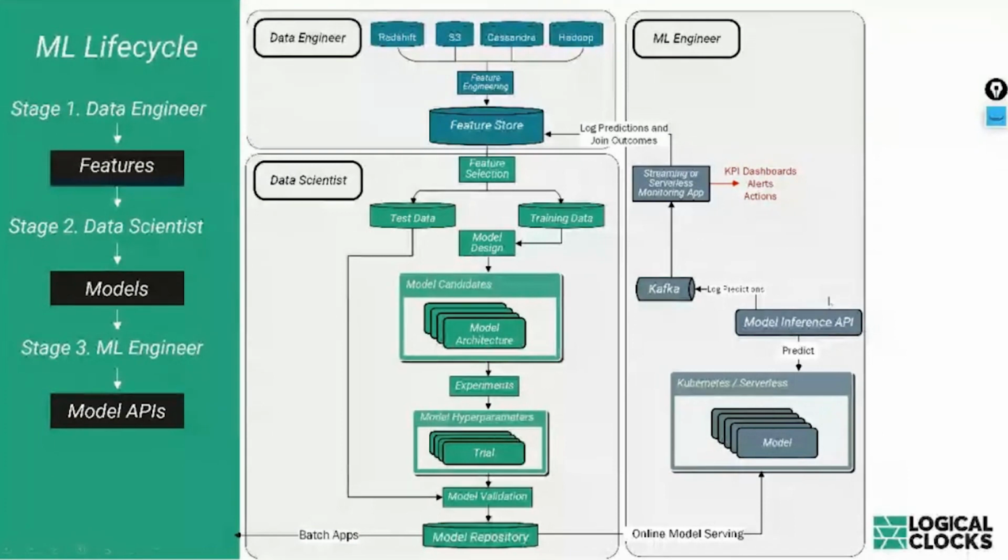And in our case, we also log all the predictions that are made to Kafka. So Kafka can come built in with our platform. When those predictions are logged to Kafka, you can have a Spark streaming job that will monitor these models in production. It will ingest all of the predictions that were made through that topic in Kafka. It will then compute windows over those predictions to compute things like descriptive statistics.